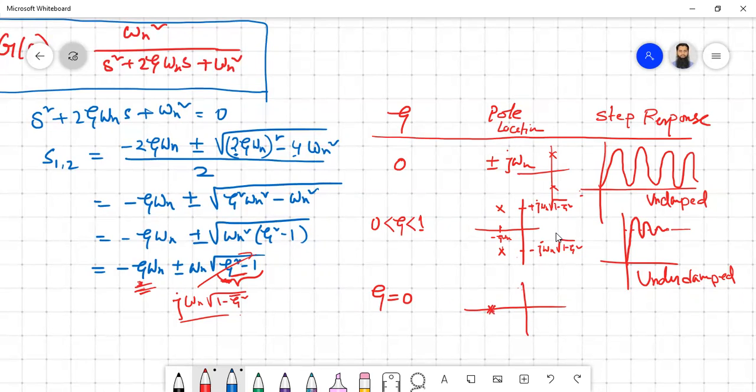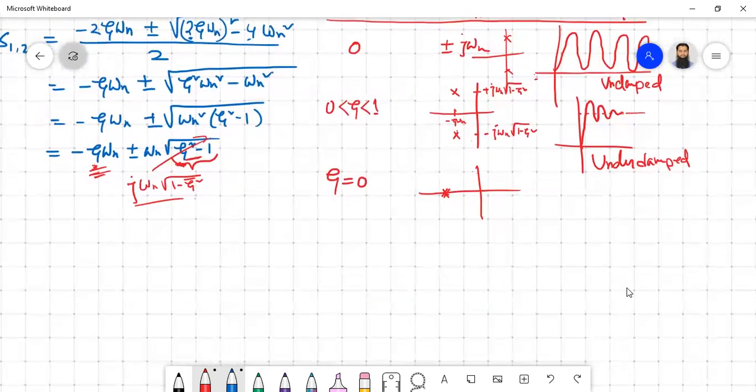So this is called critically damped, isn't it? So critically damped. So we'll have a response something like this, very fast going to the final value. So minus zeta omega, or basically omega n, because the zeta value is 1, isn't it? Okay, sorry, this is the zeta value.